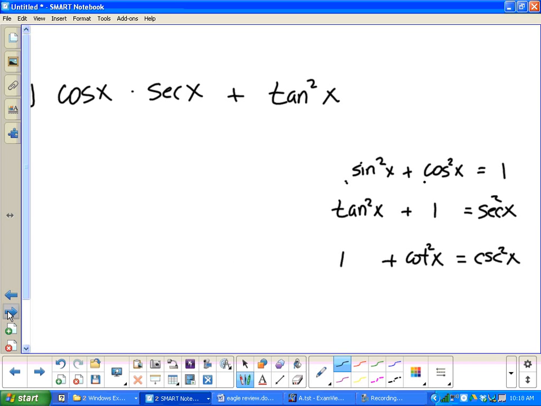All right. Now, on this one, you've got a tangent squared, but you don't have another trig function squared, and you don't have a 1 there either. What do we do? Well, look at this. That's being multiplied.